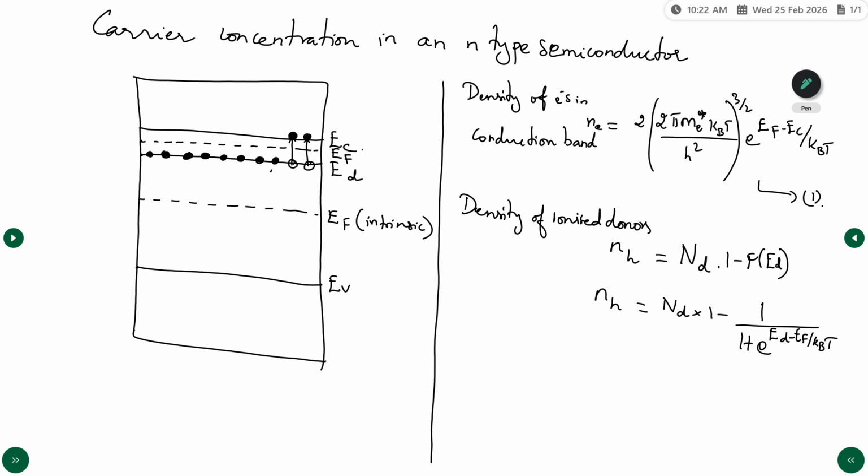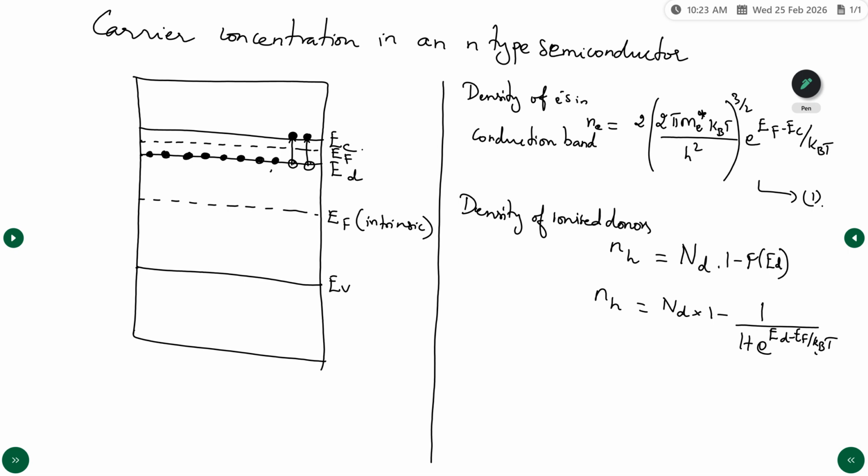Now listen, this Ed is situated below this EF. EF is above. So Ed minus EF must be a negative value, right? So this Ed minus EF is less than kBT. I think in the previous cases நாம வந்து எடுத்திருந்தோம், ஞாபகம் இருக்கா? ஒரு சில இடத்துல அந்த வேல்யூ வந்து அதிகமா இருக்கும் kBT விட, so the exponential value also more.